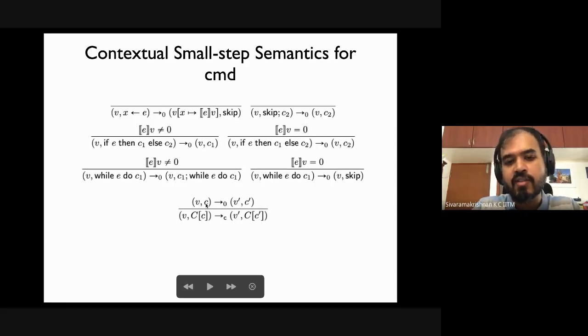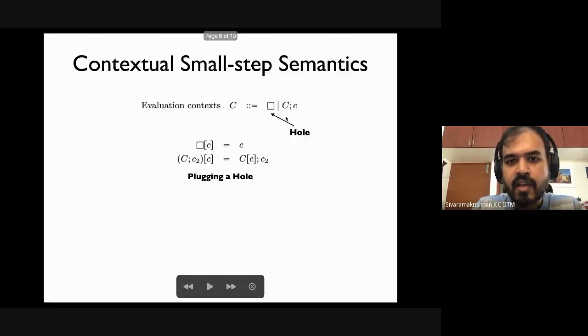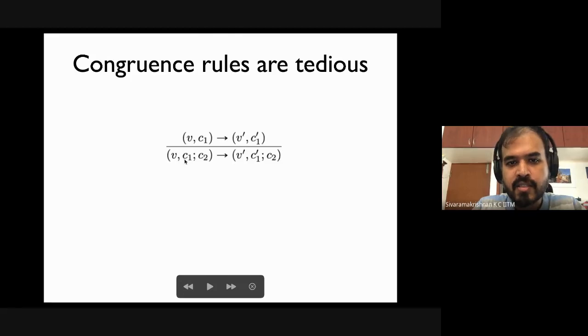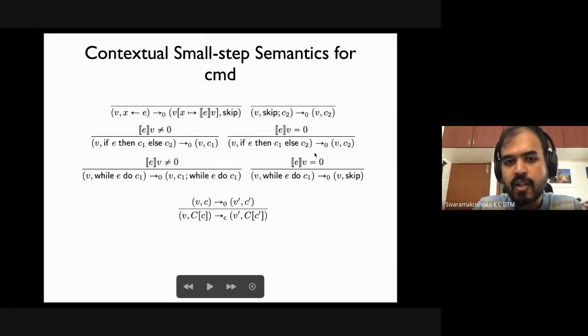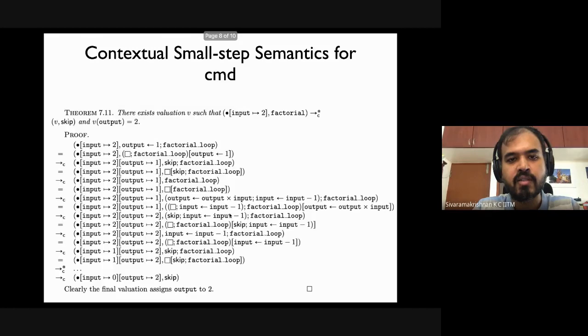If C1 can be reduced to C1 prime, then you plug that back in, but otherwise the rest of the commands remain the same. The only observation is that the equivalent of this particular reduction for C1 semicolon C2 is gone. It's no longer there, because evaluation contexts help us to describe how it steps through.